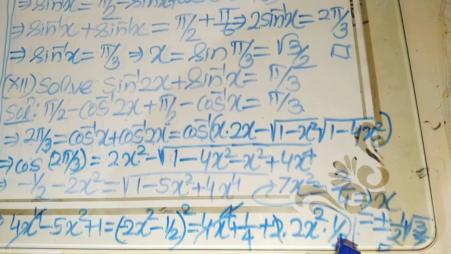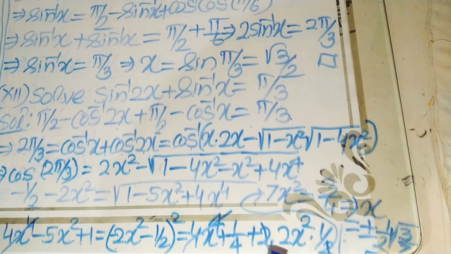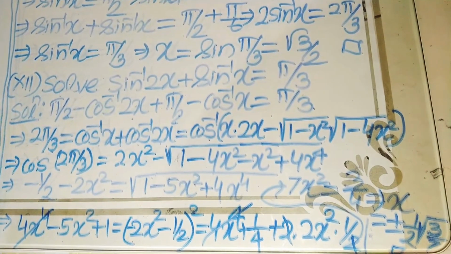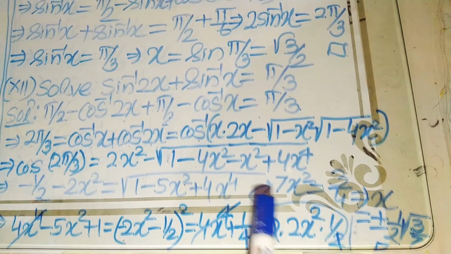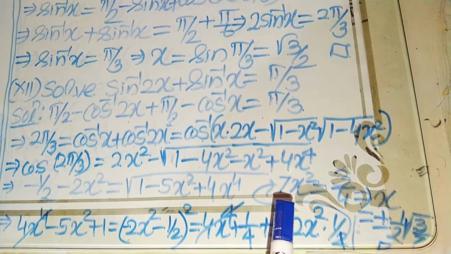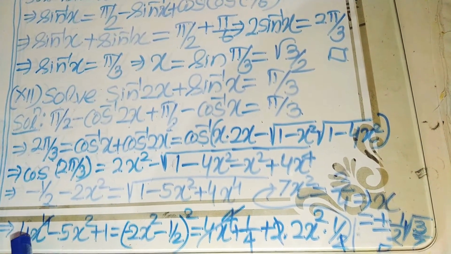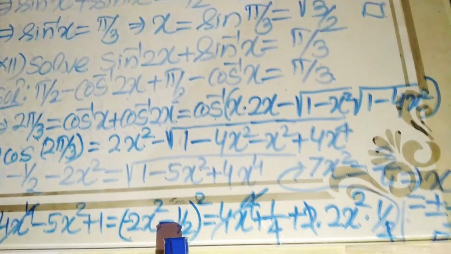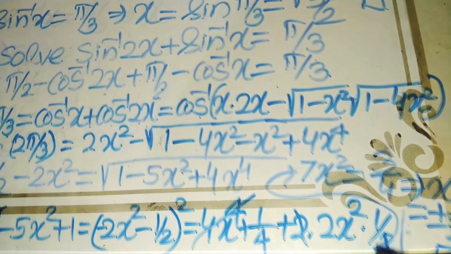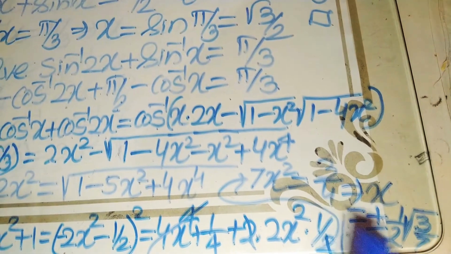So the 2 and 1 by 2 cancel, our product will be 1, and we have 7x square. On simplification, 4x fourth and 4x fourth cancel, we have 7x square is equal to 3 by 4.